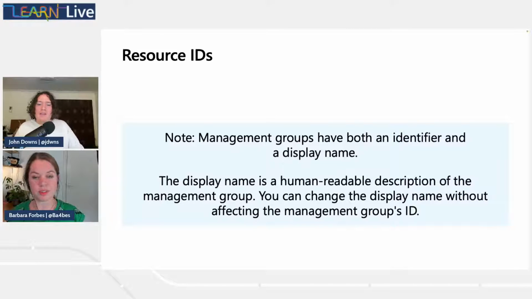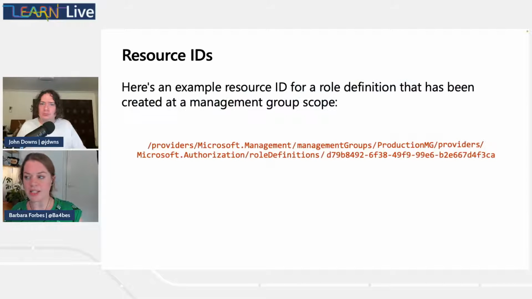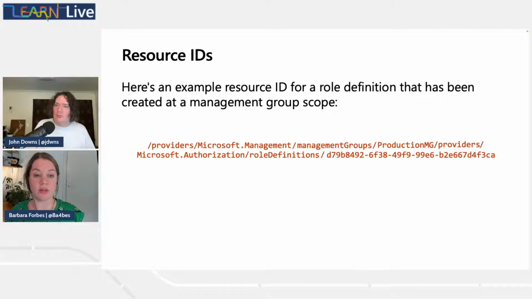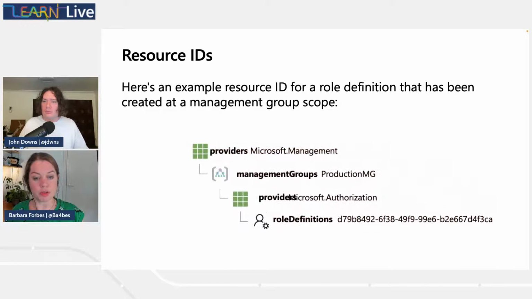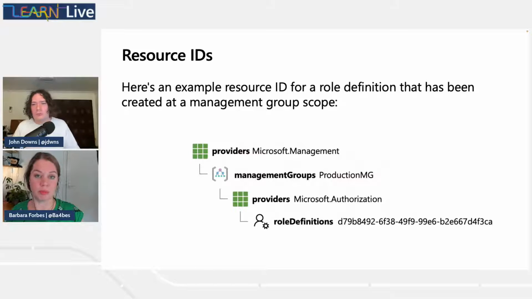Okay, cool. And so if I'm going to create a resource within a management group, what does that look like? What's the resource ID look like within a management group? When we place it in a management group, what we see is that first it defines the provider management. So the management group is in the management providers. And you see all resources have their own provider, and our management group also has that provider, which defines the type of the resource or type of ID that we're talking of.